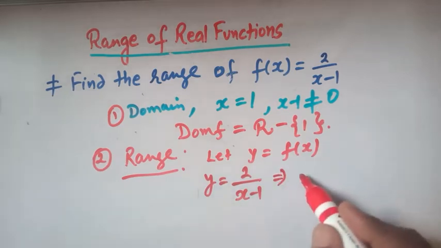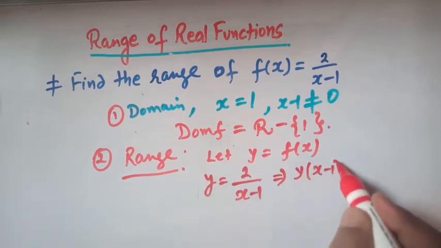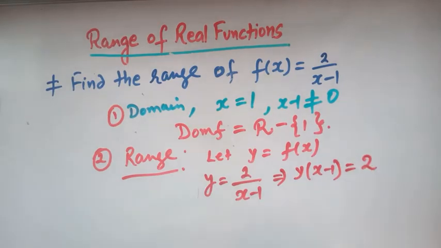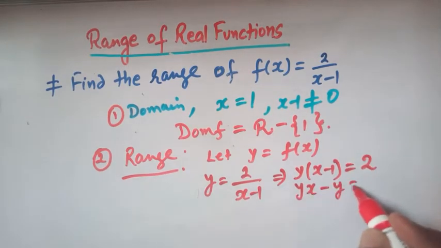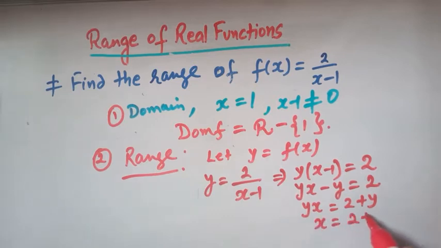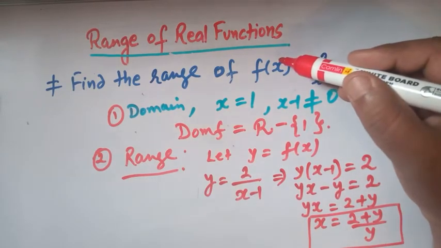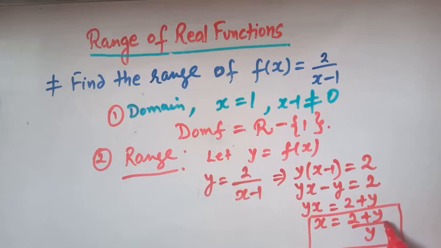So we multiply x minus 1 with y, so we have y times (x minus 1) is equal to 2. So this is yx minus y is equal to 2. This is 2 plus y, and x is equal to (2 plus y) over y. Okay? So we have this relation between x and y, where we have expressed x, the independent variable, in terms of the dependent variable.